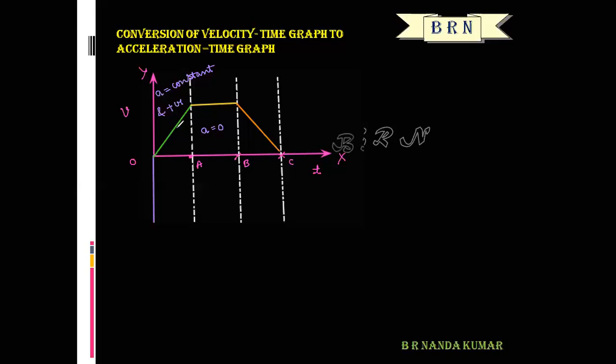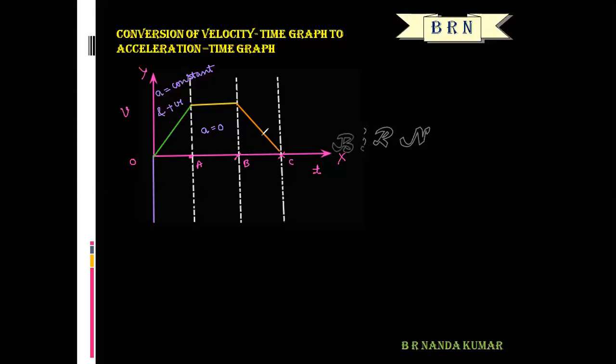That is uniform positive acceleration. From A to B, the particle moves with constant velocity, that means the acceleration is equal to 0. In the time interval B to C, the particle velocity decreases by equal amounts in equal intervals of time.